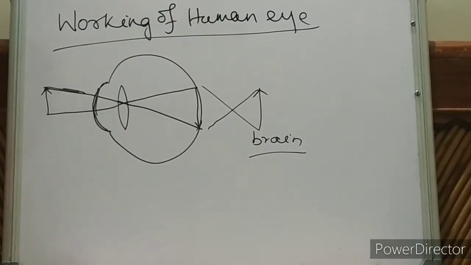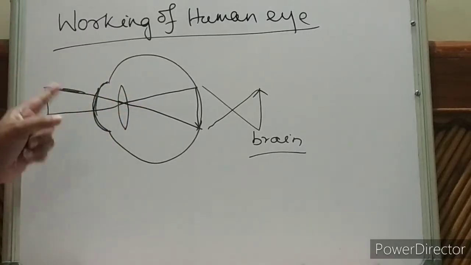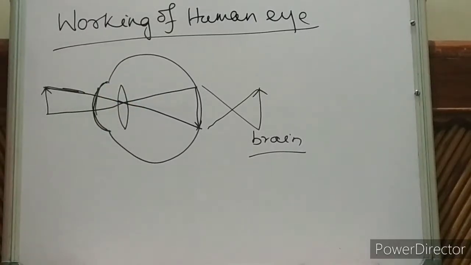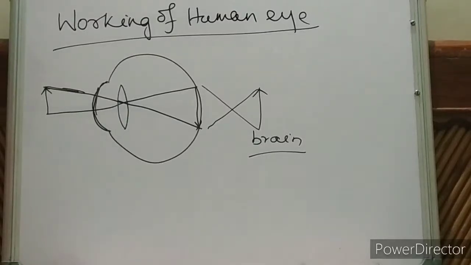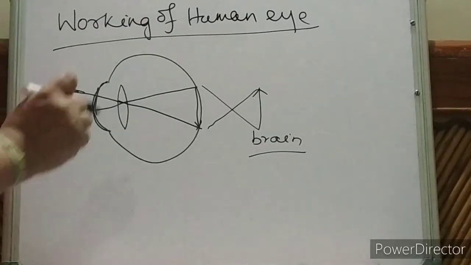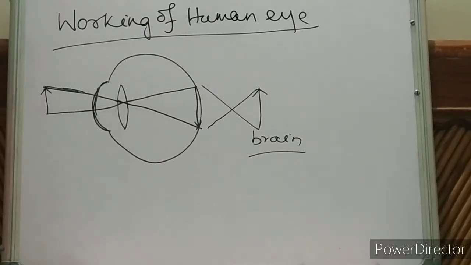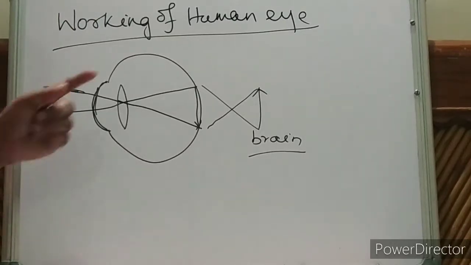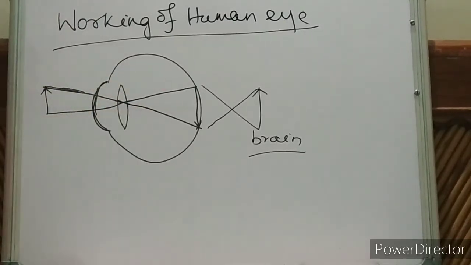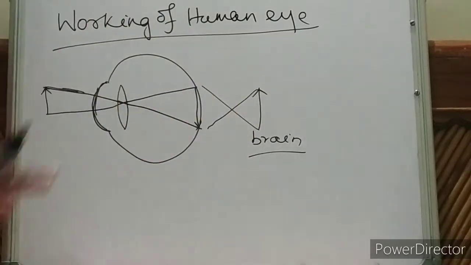These cells get activated by the light falling on the retina and generate electrical signals which are sent to brain via optic nerve. Then the brain will process the information, then it will interpret the inverted image as erect image.